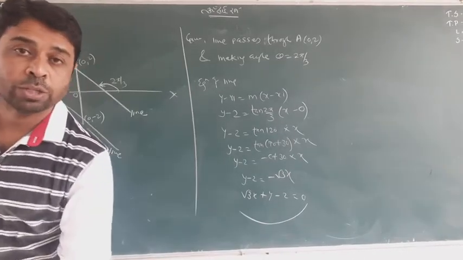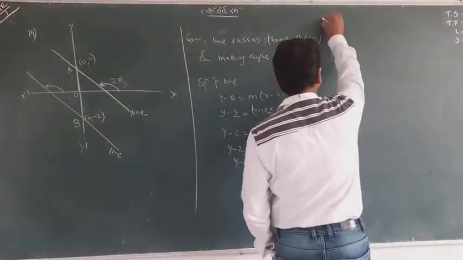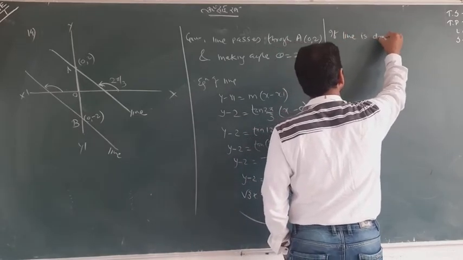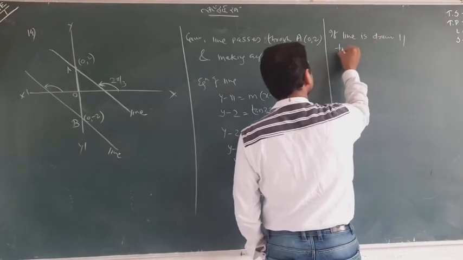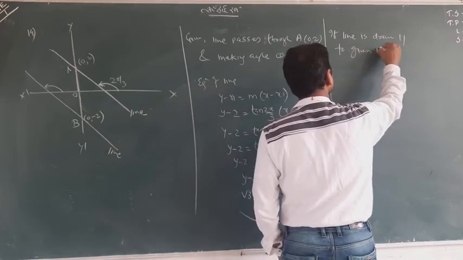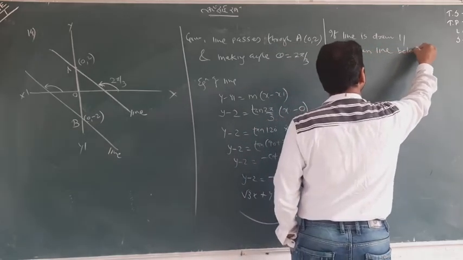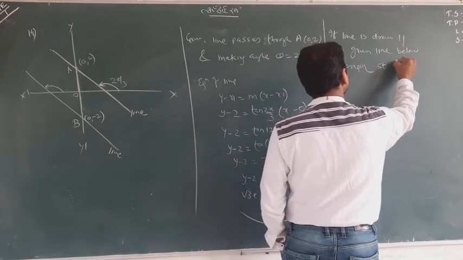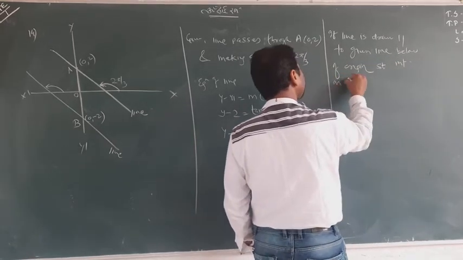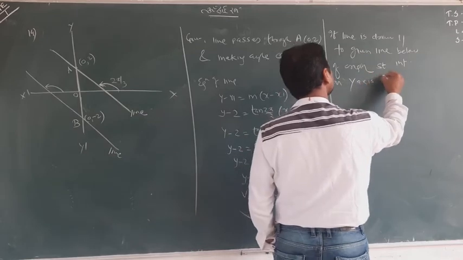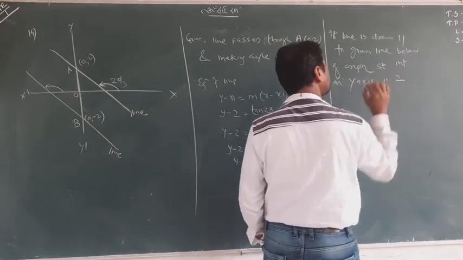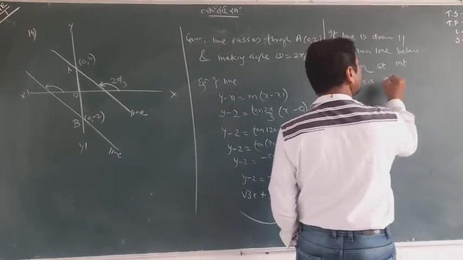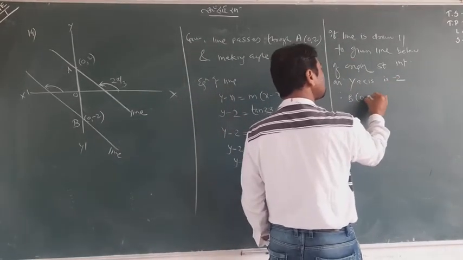This time, what will I use here? I want to write: if a line is drawn parallel to the given line below the origin, such that the intercept on the y-axis is minus 2, then B will be (0, minus 2).